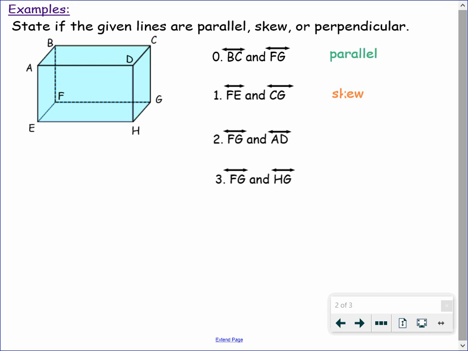Number 2, line FG, so the front bottom, and line AD, which is the back top. Now they do seem like they're on different planes, but they're not, because even though I have a box drawn, I could have a plane that actually slices through the box.